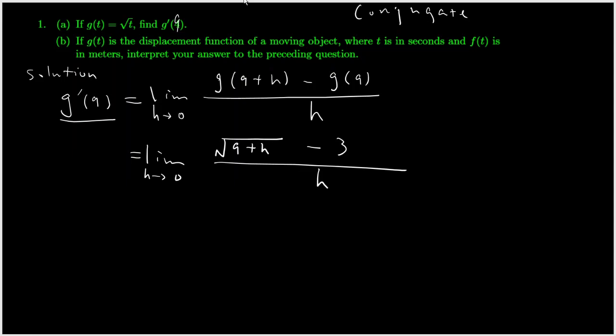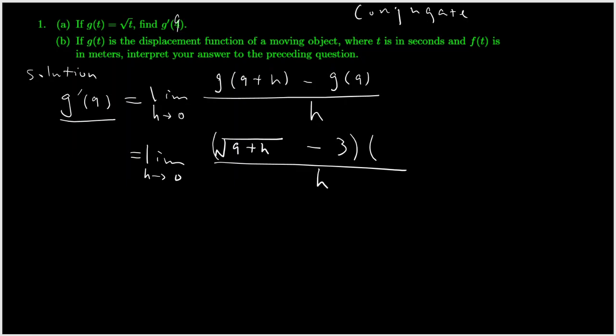We multiply the numerator and the denominator by the conjugate of the numerator. That way we can get rid of the radical in the numerator. You do not have to care about the term, but you're going to see what's going on next. If you have the square root of something minus a number, then you multiply by the square root of the same thing plus the number.